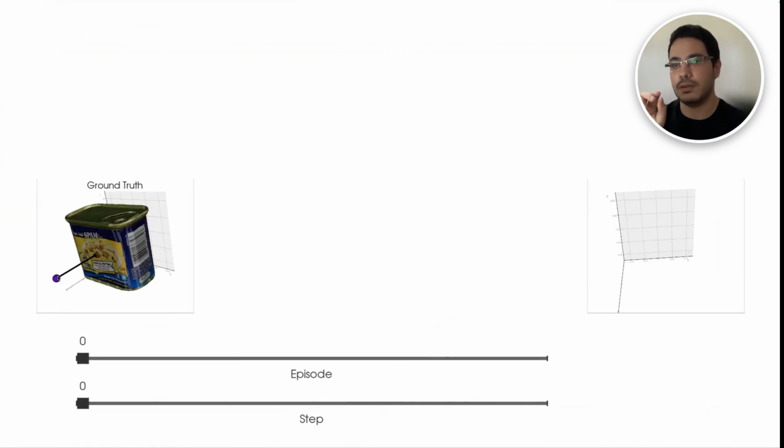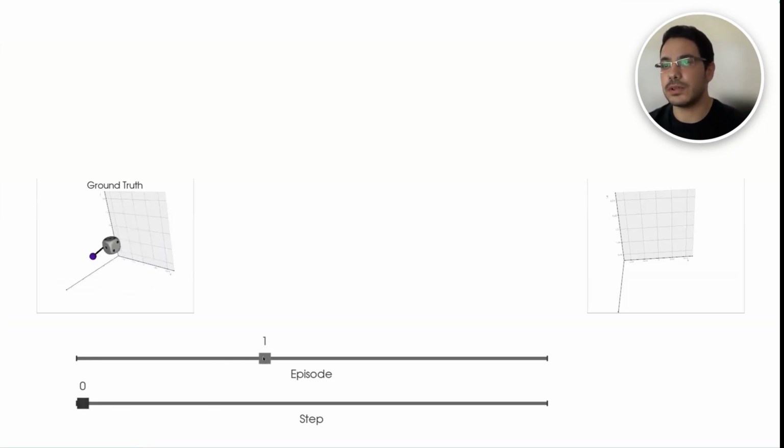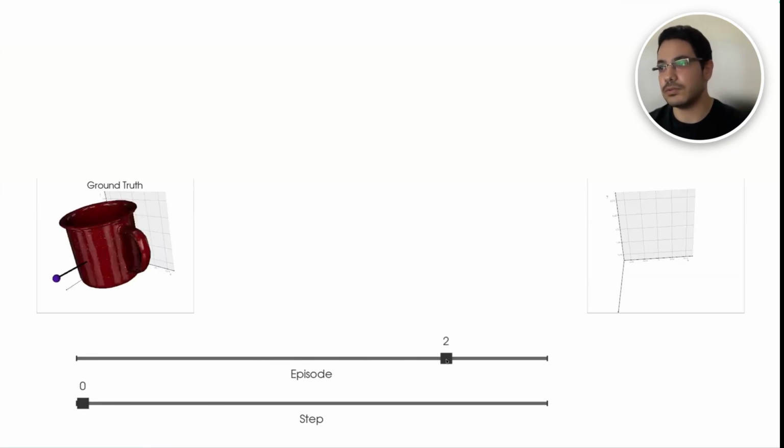This is the violet, or purple, sphere, and we have a step slider, so we can go through the steps within this episode. The agent is moving, and it's also moving its sensory patch on the object. We could also change the episode to another object and another one.